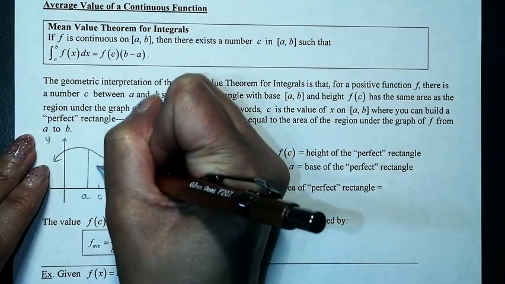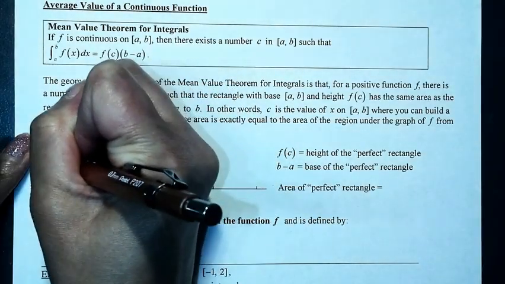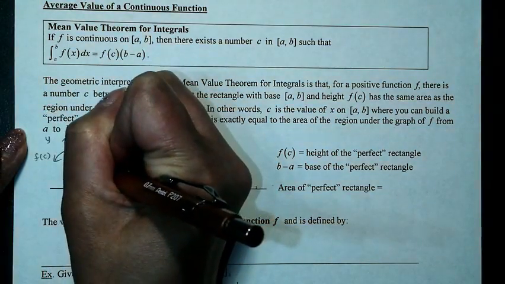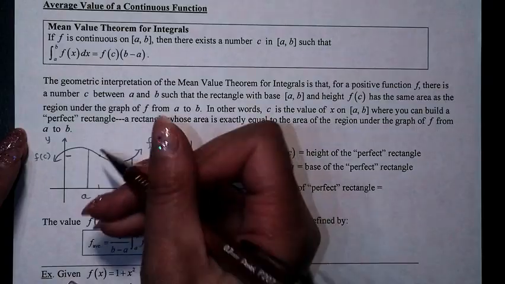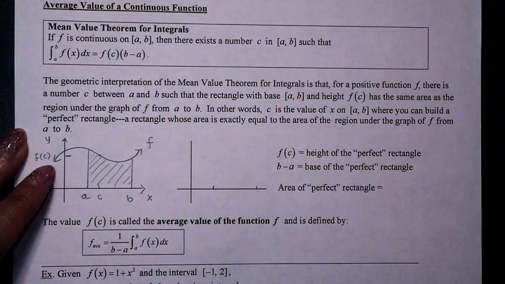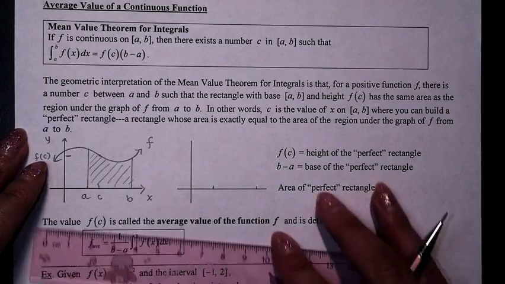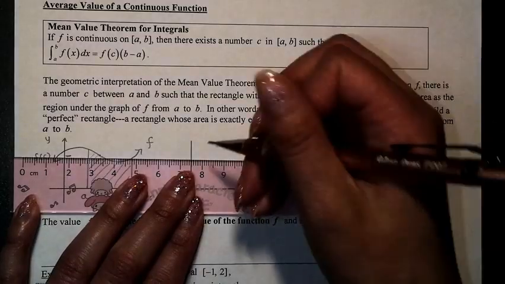Therefore, your f(c) is that height. Do you agree with that? So what this theorem tells you is that this area underneath the curve is going to be exactly the same as this perfect rectangle that we have over here.